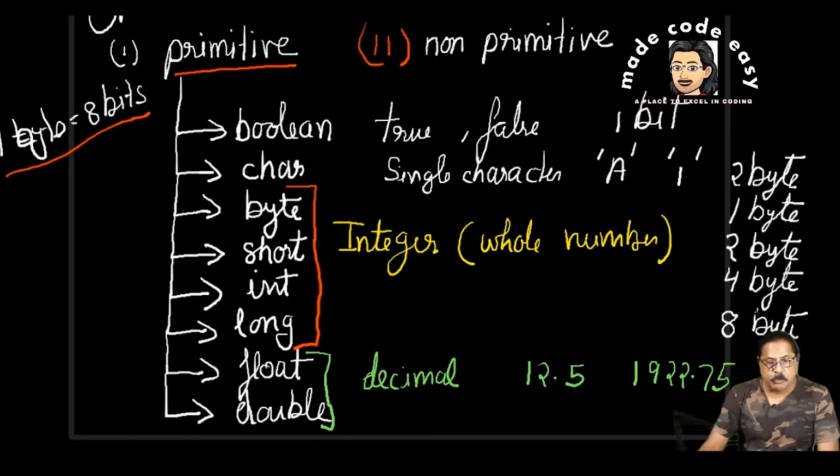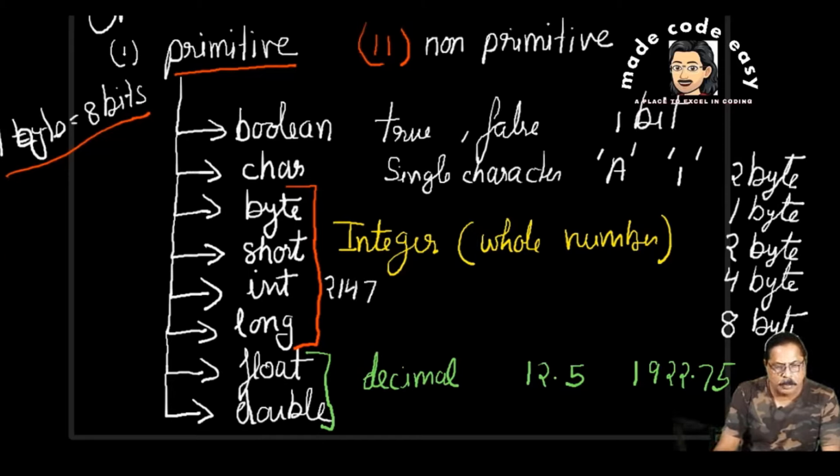Integer takes 4 bytes. The range of numbers for integer is 2147483647 for positive numbers.